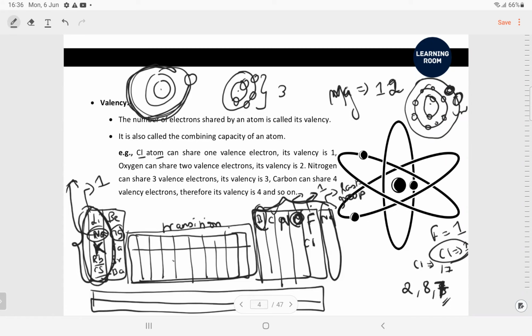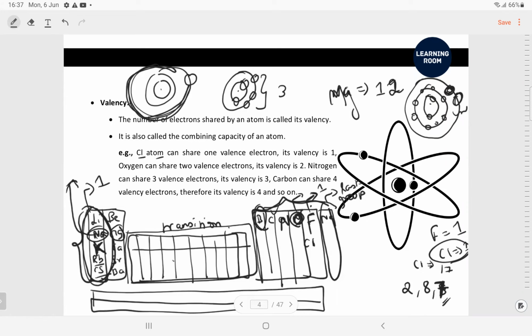It is easy to get. So what happens when we try to give the electron? The tendency of metals is to donate.